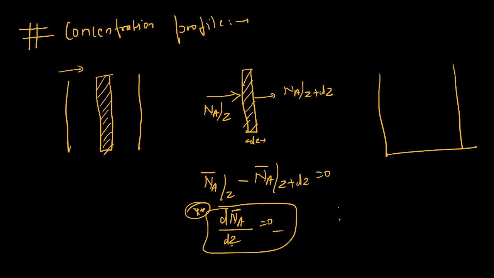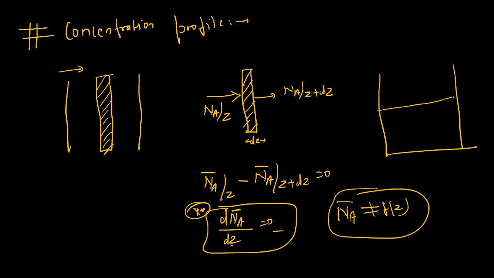What does it mean? Na bar is not a function of Z. It will be constant throughout.